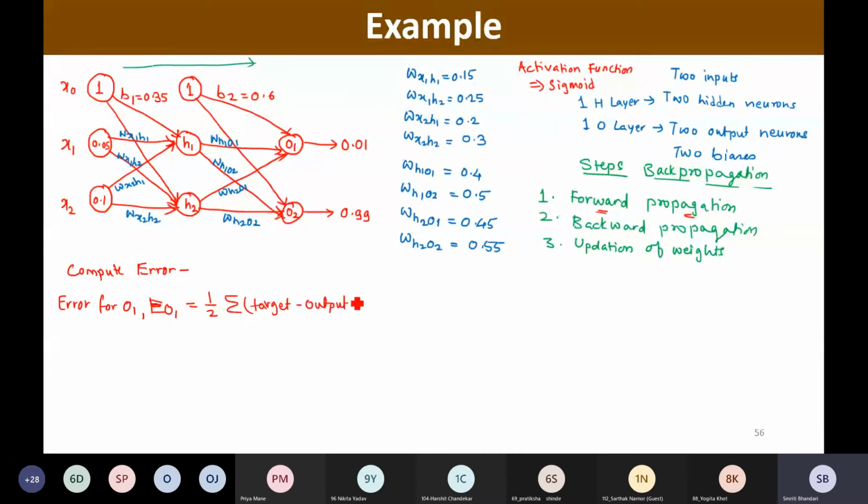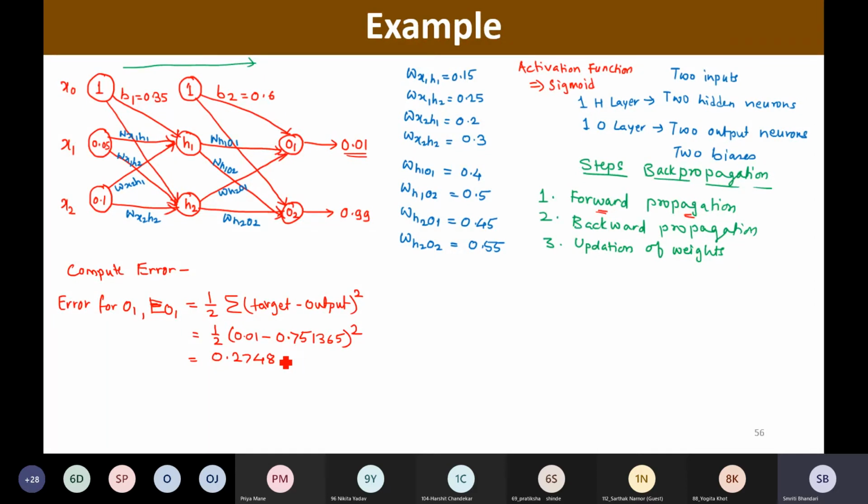So here it is the only one output, so actually no need to have this summation. So half, 0.01, that is the actual output, minus the observed output, 0.751365, whole square, and this comes out to be 0.274811. So that is the error for O1.